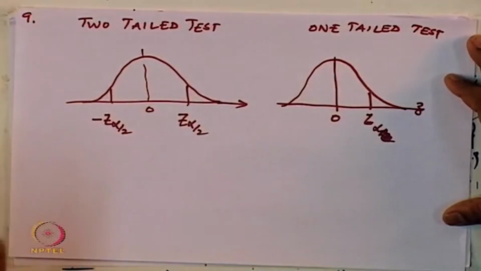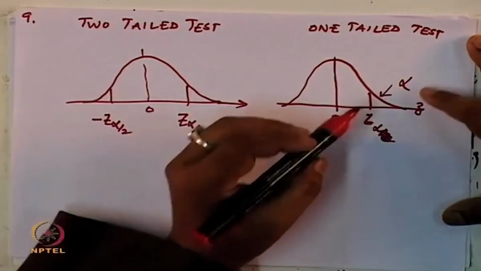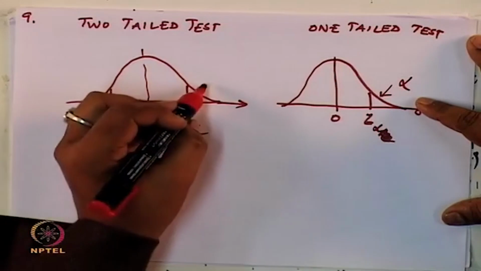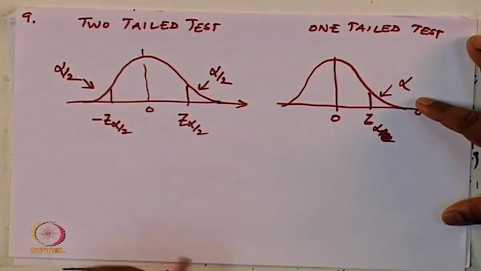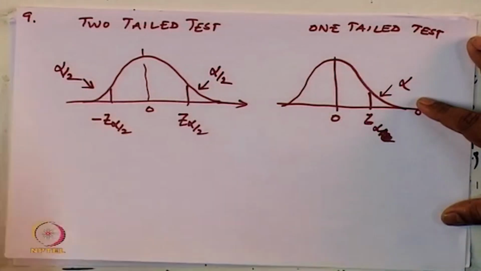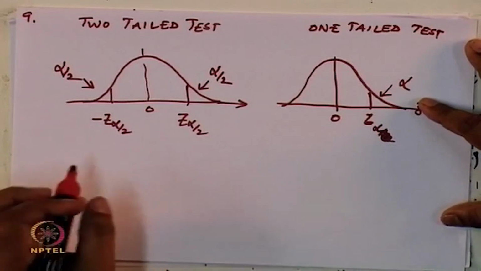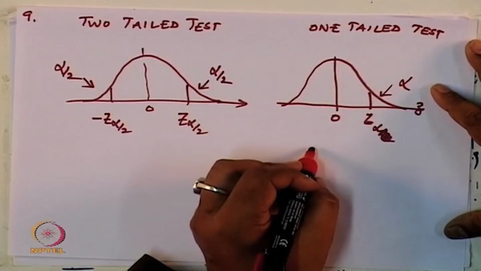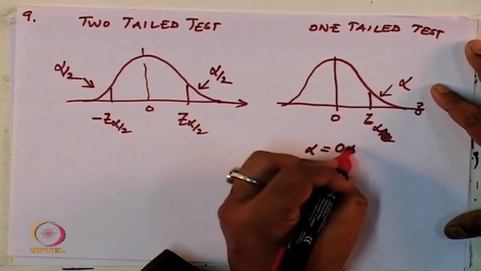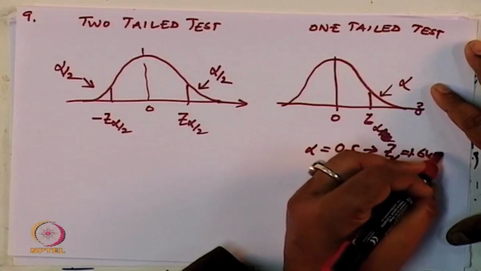This area is alpha for a one-tail test, and these two areas are alpha by 2 for the two-tail test. For the one-tail test, if I put down the values, for alpha equal to 0.05, I have Z of alpha equal to 1.645.